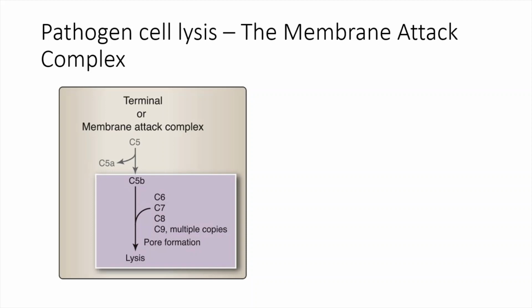Another key point about the complement system, like I mentioned earlier, is forming the MAC, the membrane attack complex. This is a simplified graph, skipping a lot of steps, but the idea is actually not so bad. You have your C5 being cut by the C5 convertase into a bigger piece and a smaller piece.